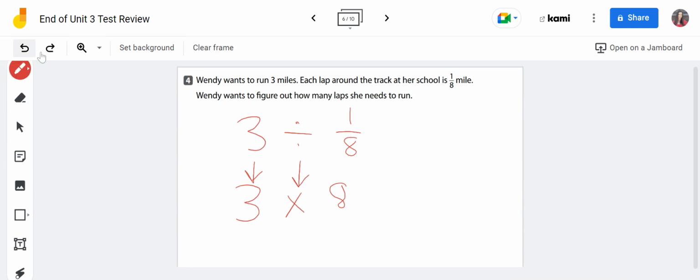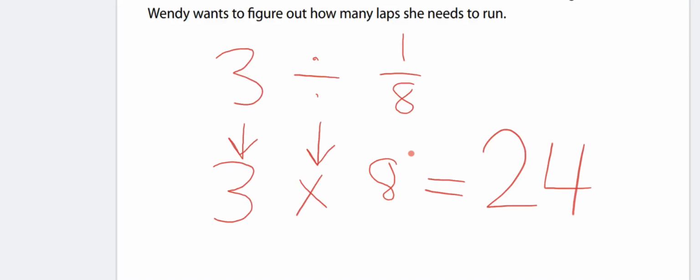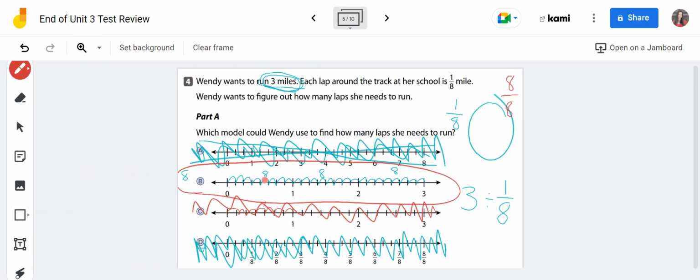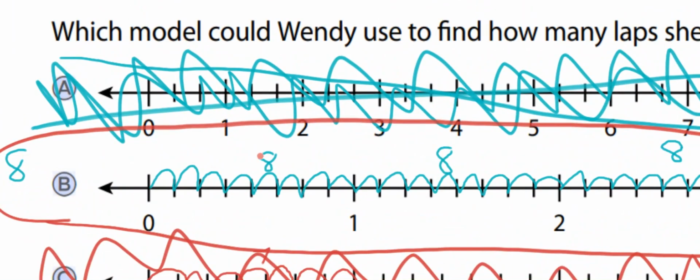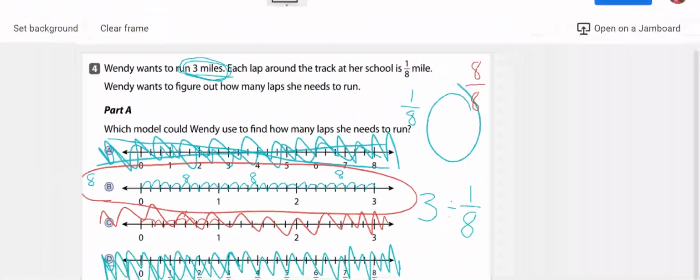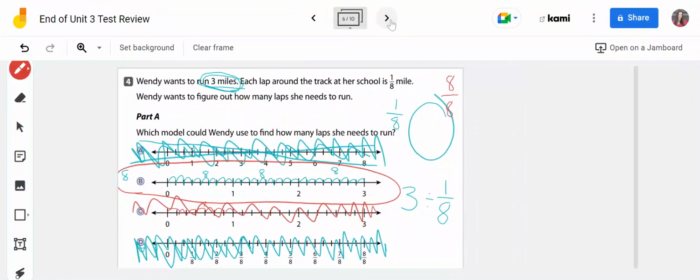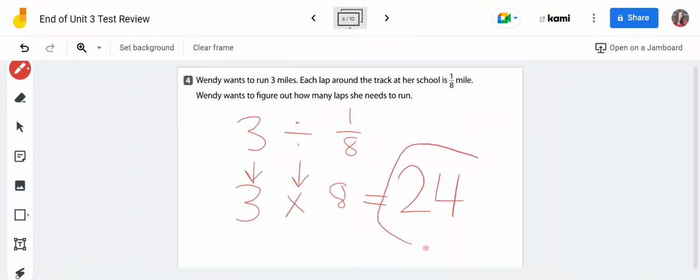So I can also just make it 8. What is 8 times 3? That would be 24. And if I go back to this model, I have 8 plus 8 plus 8, which again is 8 3 times. So she would need a total of 24 laps in order to make it to 3 miles.